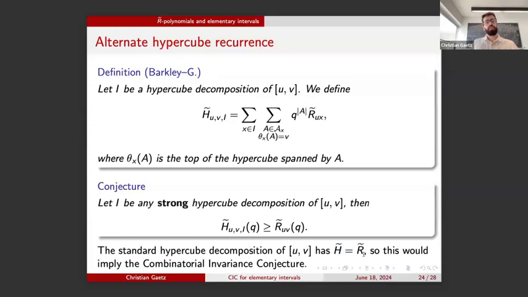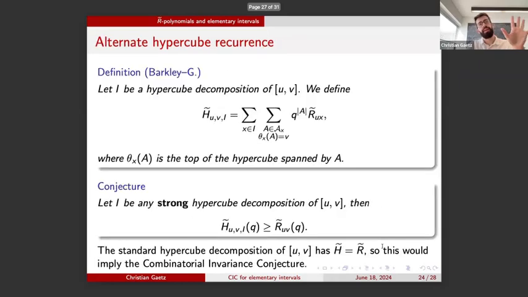So, in fact, this conjecture does imply the combinatorial invariance conjecture, because if you give me a poset and don't tell me any labels, I can find all the hypercube decompositions. I can recursively compute all of these h tilde polynomials, and then I can take the coefficient-wise min of those, and that will have to be the polynomial we're after. So this would indeed resolve the conjecture.